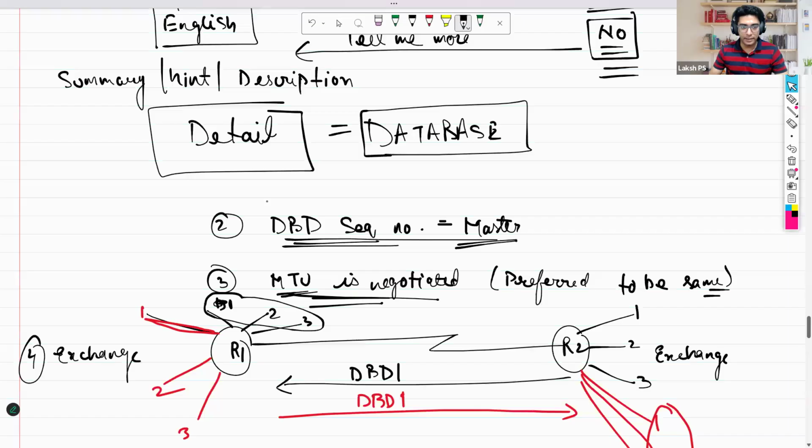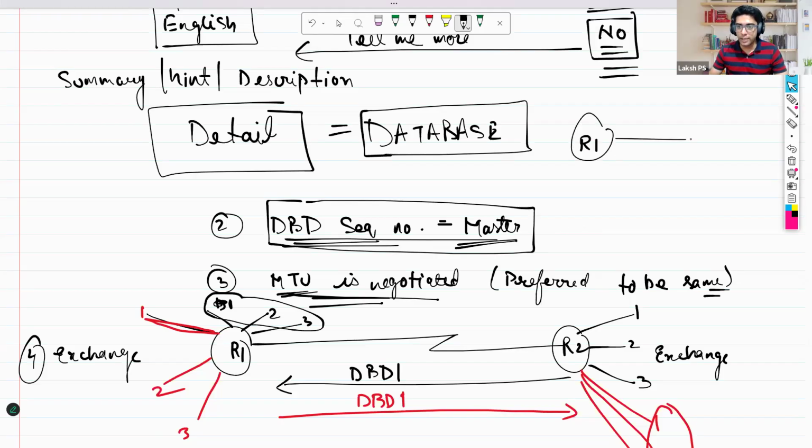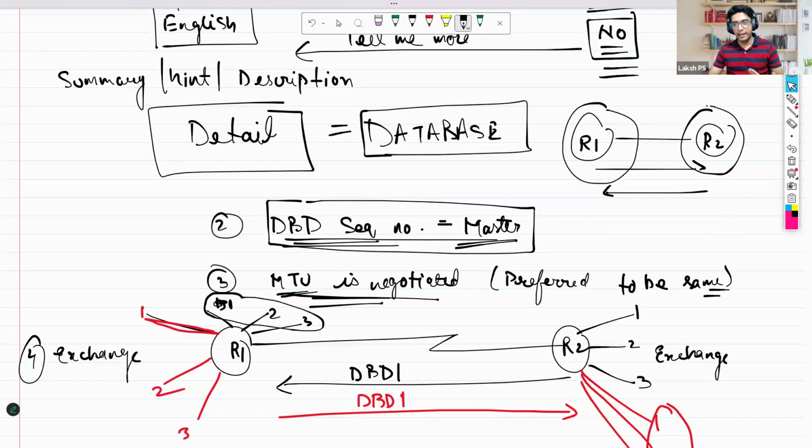Then the database descriptor sequence number, or DBD sequence number. So here what is actually happening is R1 is also saying I am the master, R2 is also saying I am the master. They both say that I am the master, but R1 realizes that R2's router ID is higher and hence R2 should be the master.